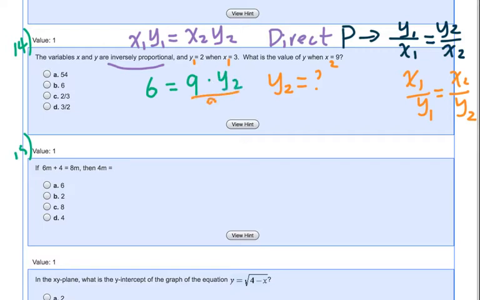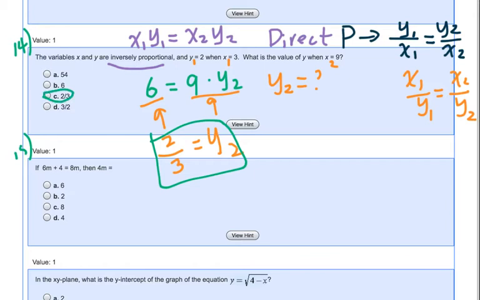Then I divide both sides by 9. You will get y2 equals 2/3. That's your answer. So C will be the answer.